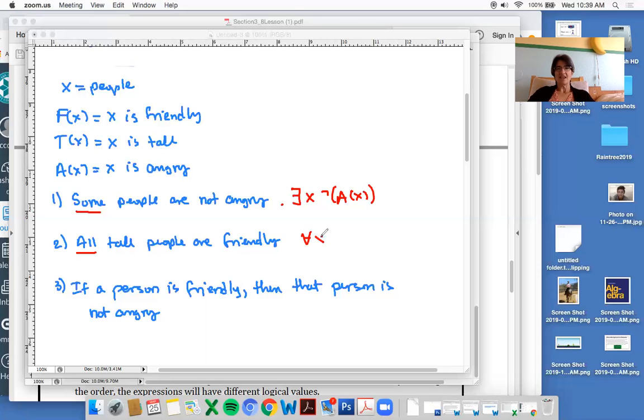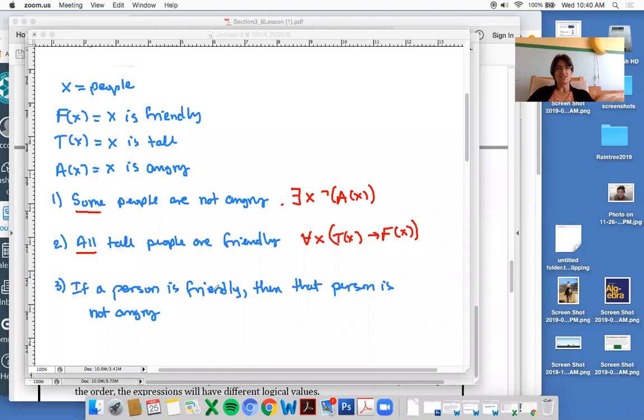For all X, if they're tall, then they're friendly. Yep, I would go with that. For all people, if they're tall, then they're friendly. Perfect.